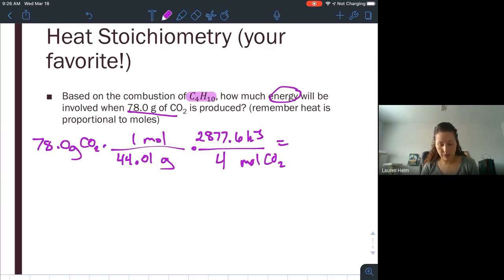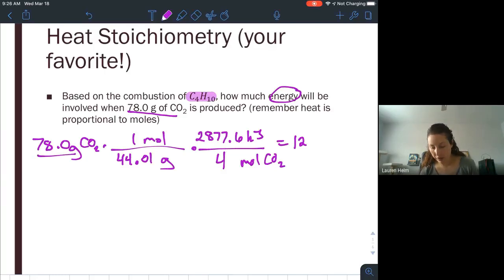When we do this, I'm going to take 78 times 1 divided by 44.01 times 2,877.6 divided by 4. And I'm going to get 1,275 point on and on and on, but I have 3 sig figs.